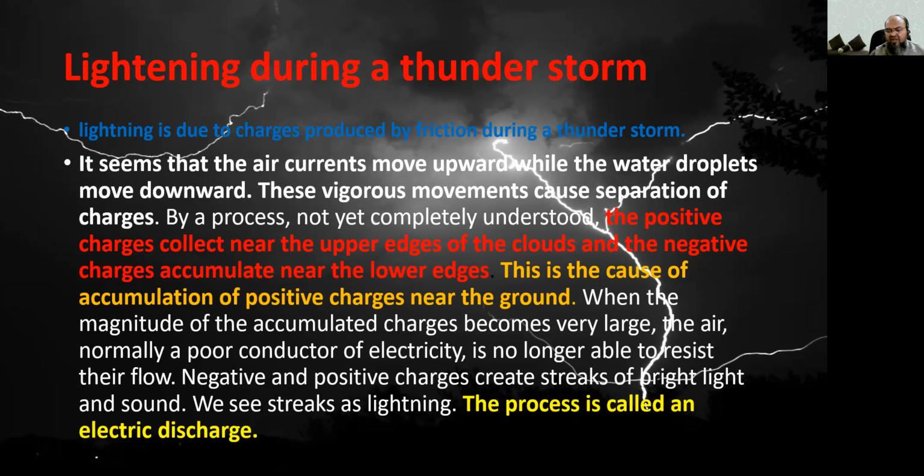Because it comes under electrical breakdown, because the potential difference reaches the value of the dielectric strength of air, 3 into 10 power 6 volt per meter. Because of this electrical breakdown the negative and positive charges create streaks of bright light and sounds. We see streaks as lightning, and the process is called an electric discharge, right?